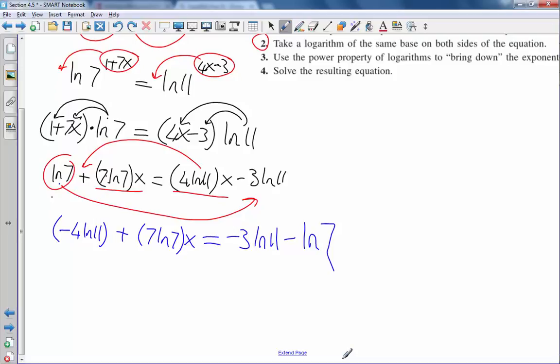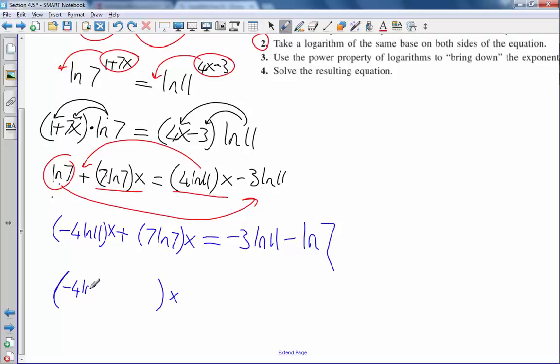What am I missing? Yeah, this x. Now you have minus 4 ln 11x and 7 ln 7x, so we need to combine these or factor x's. X's factor, and we group these two coefficients.